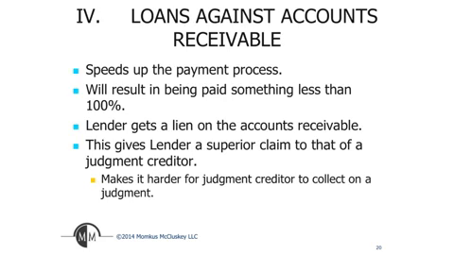Of course, the negative there is that with the lender involved, there's going to be something less than 100% that comes back to you, but the lender will also have a lien against your accounts receivable. This, again, to a judgment creditor, is not going to look very collectible, and it's going to make it harder for a judgment creditor. And that's one of the themes that we're talking about here: you're making it hard for the judgment creditor to collect on a judgment.